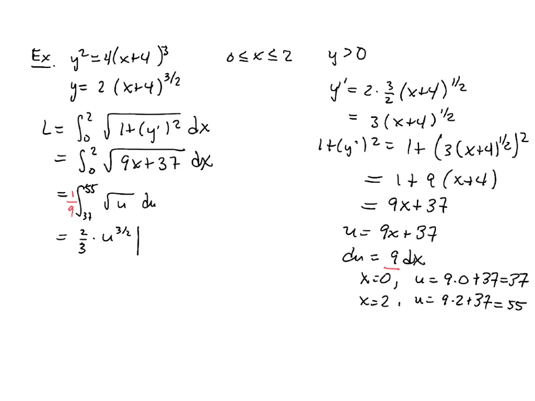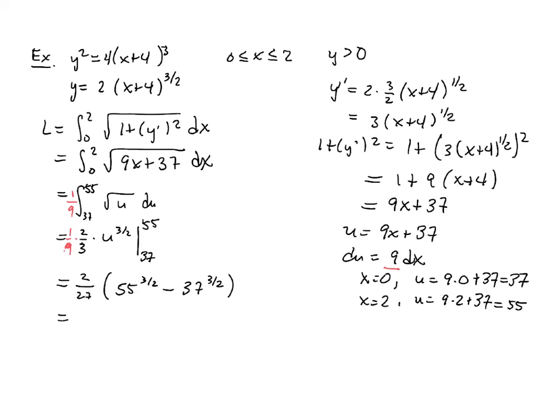So I'll multiply my 2/3 times 1/9, and then we evaluate from 37 to 55. 1/9 times 2/3 doesn't cancel, so we get 2 over 27 times 55 to the 3/2 minus 37 to the 3/2.